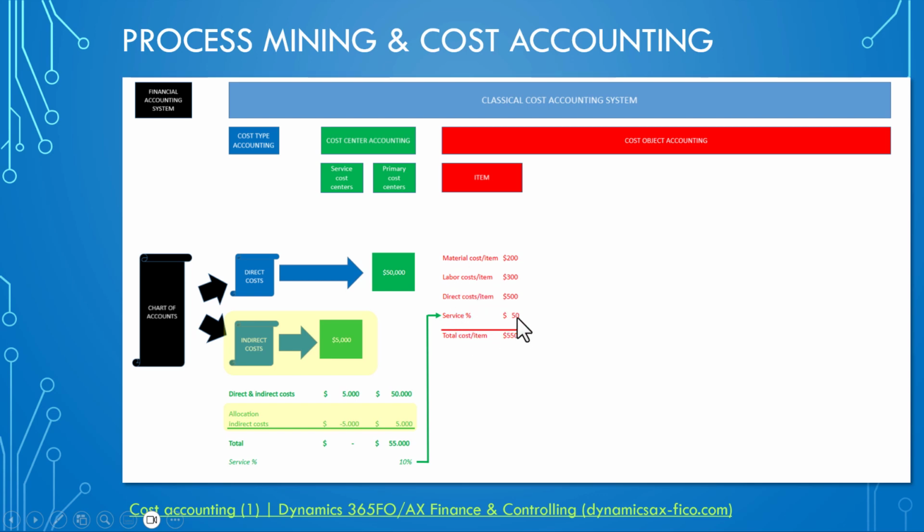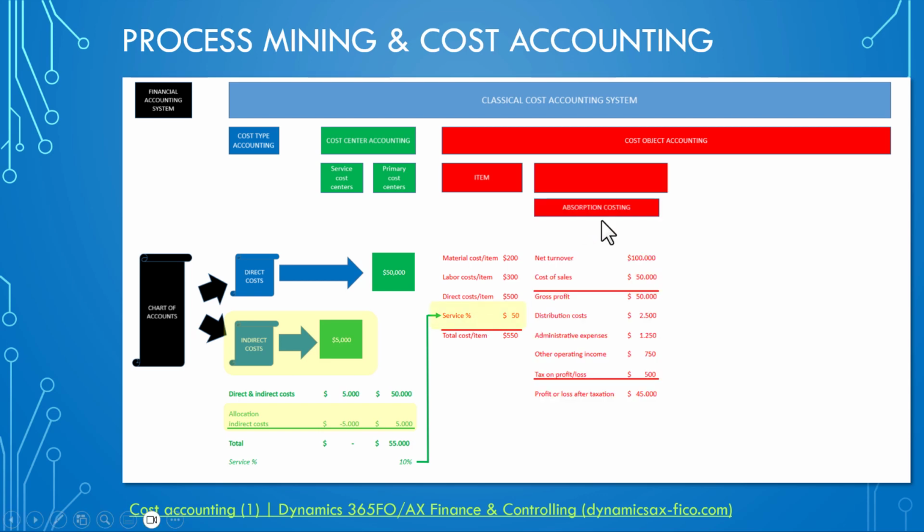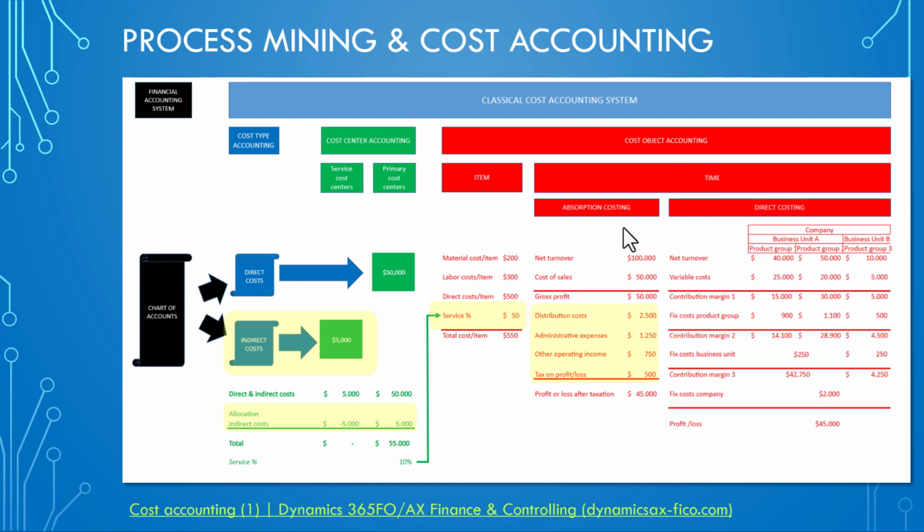And then I add on top 10% to cover the indirect costs. Or I can do something like absorption costing, where I put these costs into my profit and loss statement. Or finally, I can do direct costing, where I make a separation of the cost and try to split it in business units, in product groups, in projects, whatever you have, to analyze your costs.